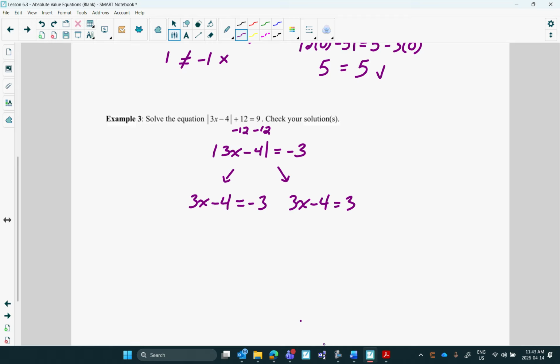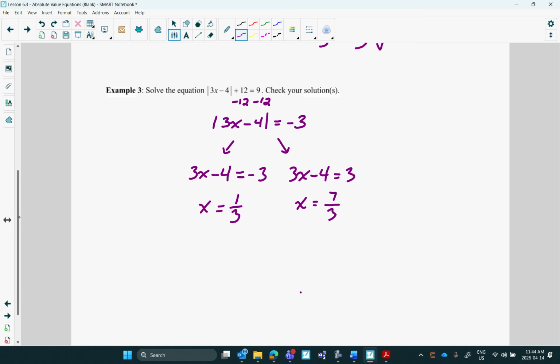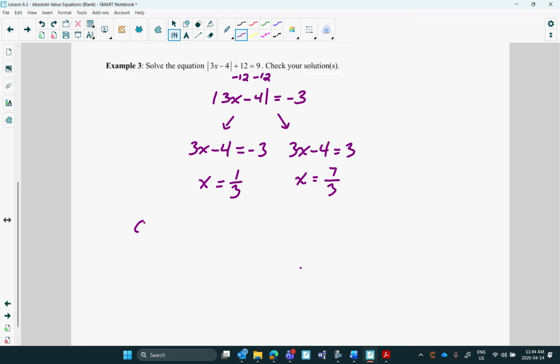Somebody have the answer as to what this worked out to? 1/3 is correct. And this one? Sorry? 4? We're going to get 7/3. And now we have to check. And let the fractions go in.